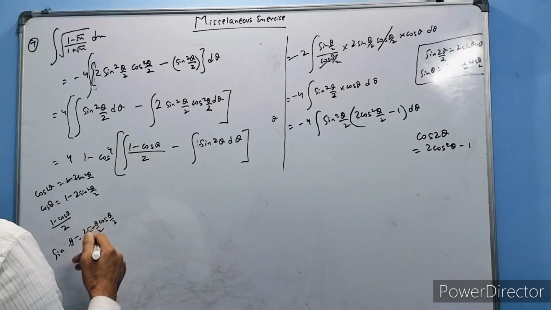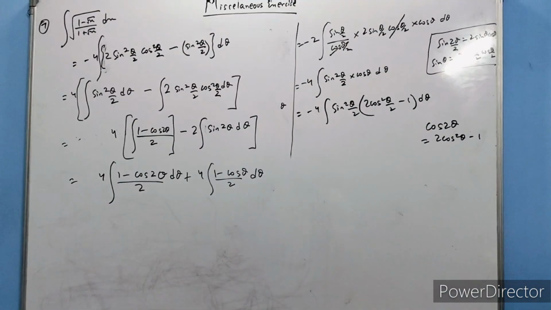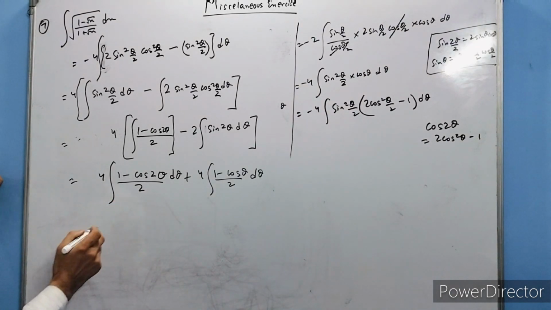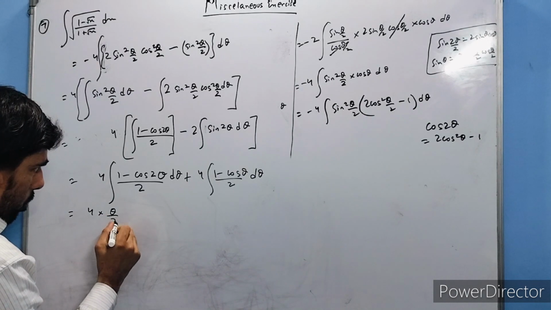Now we'll try to integrate this. So we get 4 into theta by 2.